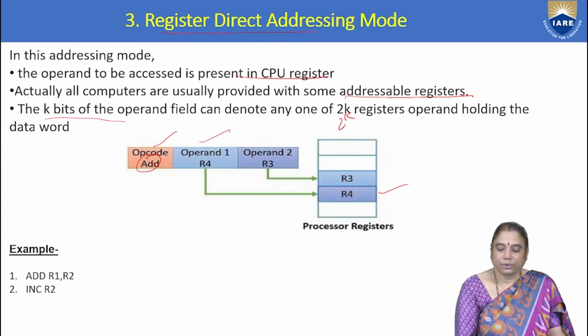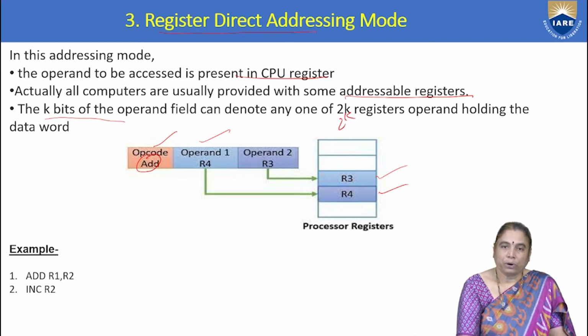In this, the first operand can be stored for the instruction ADD, and operand 2 is available in the register R3. So the second number is available in R3. Register referenced CPU architecture majorly uses the register direct addressing mode. Here the opcode specifies the instruction. The operands are available in the CPU register. So that's why this is called register direct addressing mode.